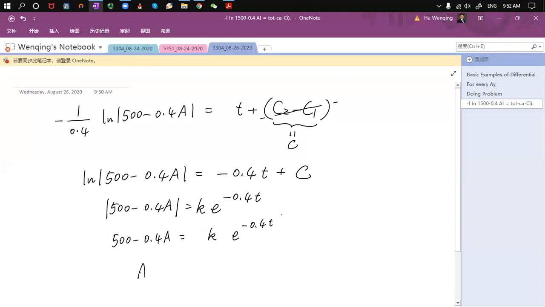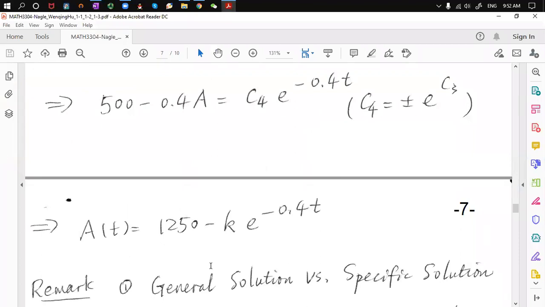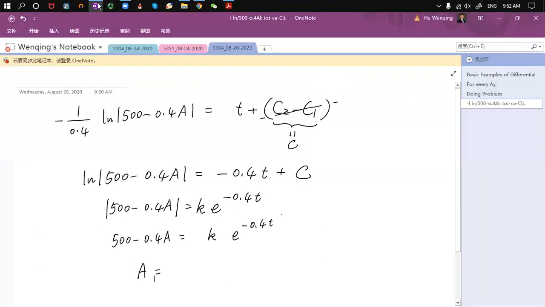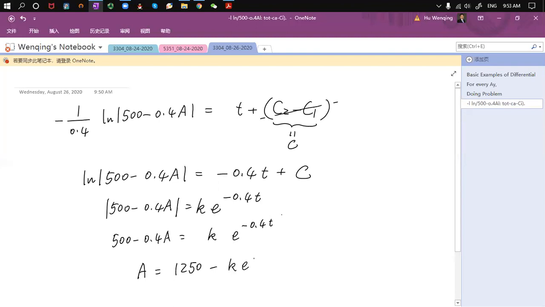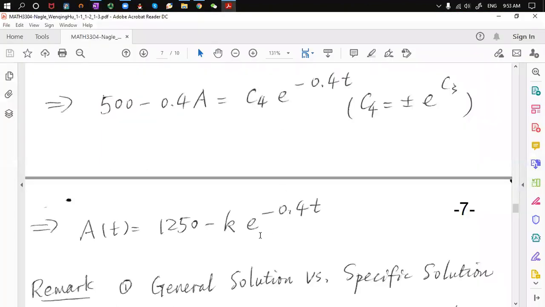So in the end, if you work out this algebra, you find a solution that looks like 1,250 minus k times e to the power of minus 0.4 of t.